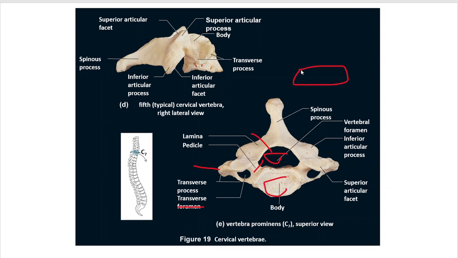That's what it's going to attach to, the inferior facet on the vertebrae above it. That's what it's there for. There's that U shape that's going to sit on another vertebrae to form the intervertebral foramen.